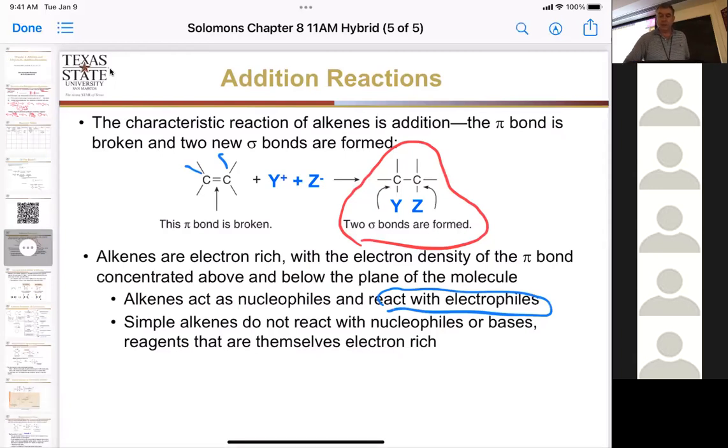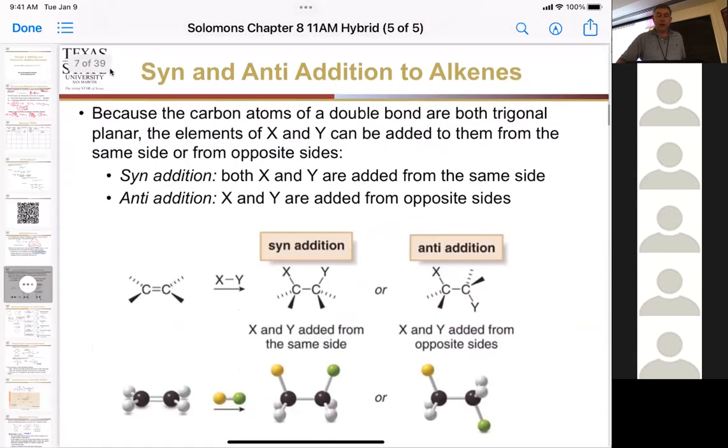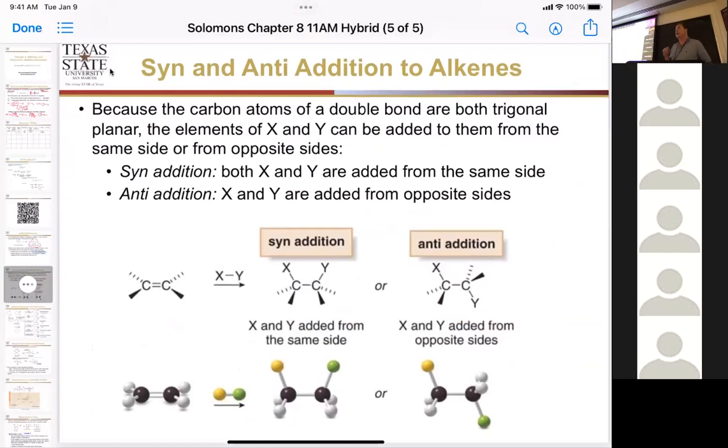Okay. So there are 2 ways that we can add something across a double bond. We already talked about one of them in the last chapter. It was syn addition, where both things add on the same side, usually at the same time. So they add at the same side right here, and you get this syn addition. And so they're on the same side.